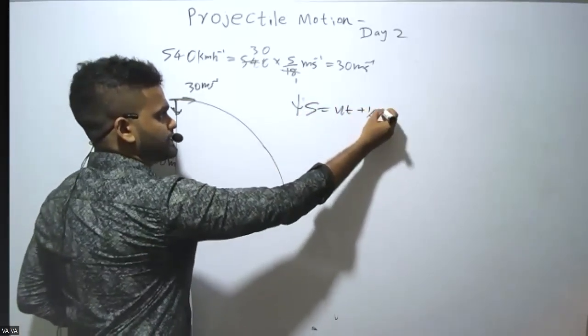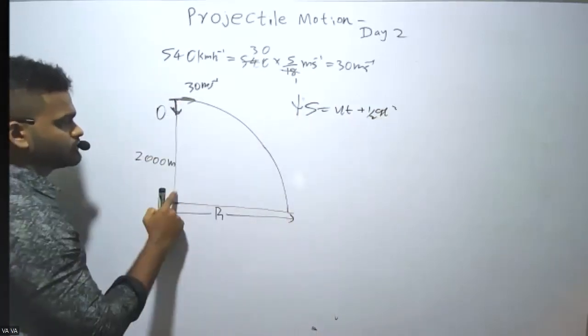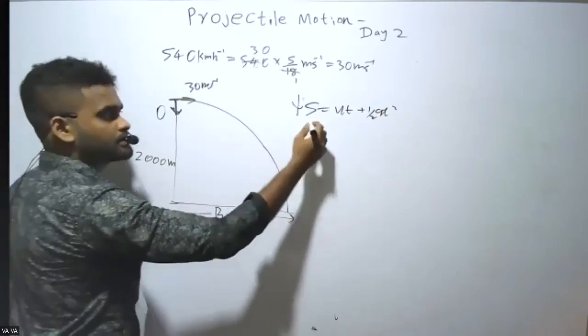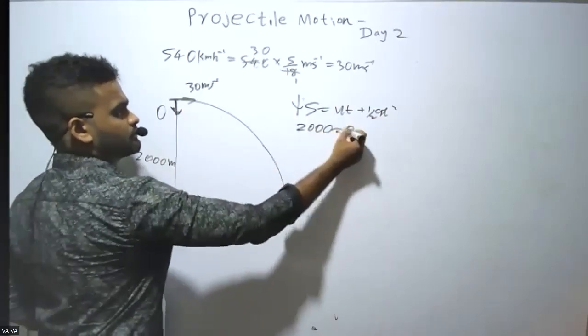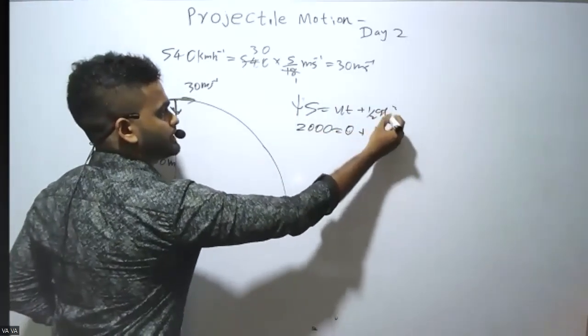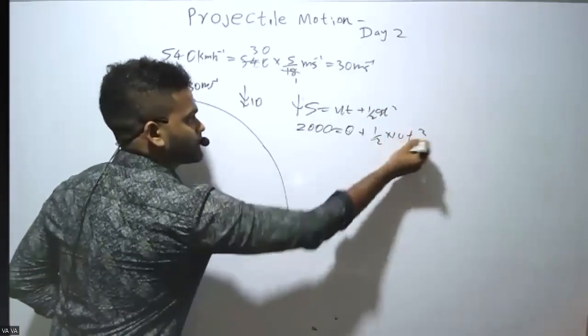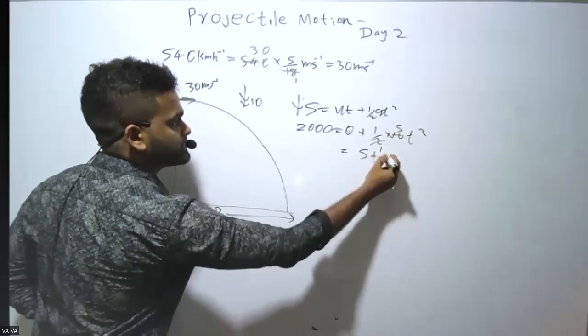You have to choose the easiest equation to be applied, right? So downwards S is 2000, that is a plus, because I'm applying the equation downwards. Initial velocity 0. Half acceleration downwards 10, t squared. Then 5, the half cancels with the 10 to give 5. So 5t squared equals 2000.